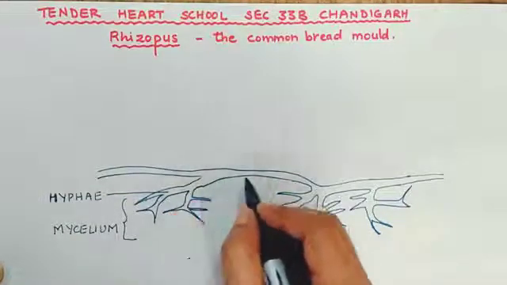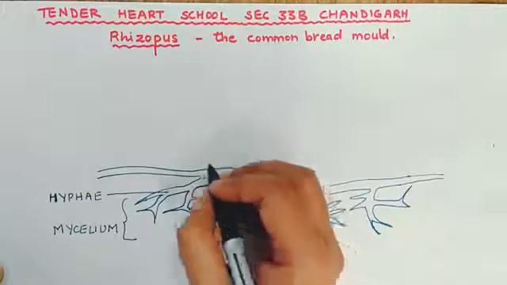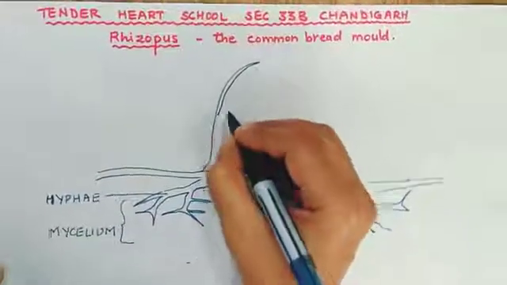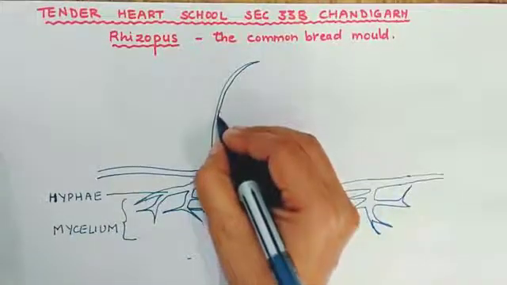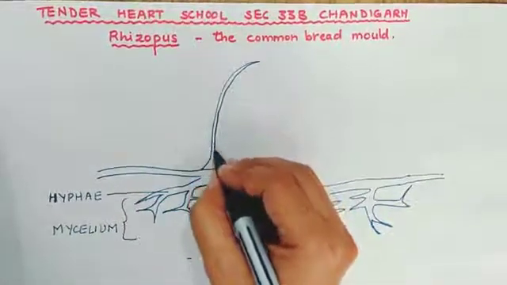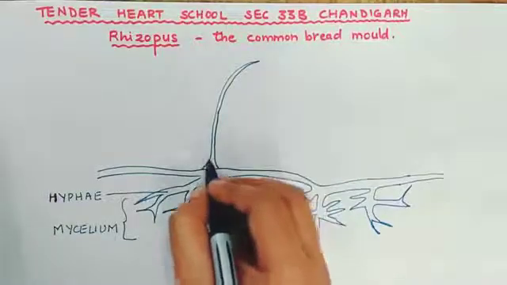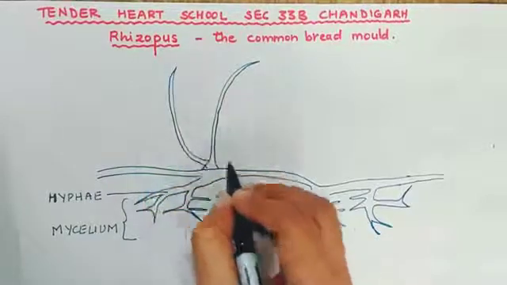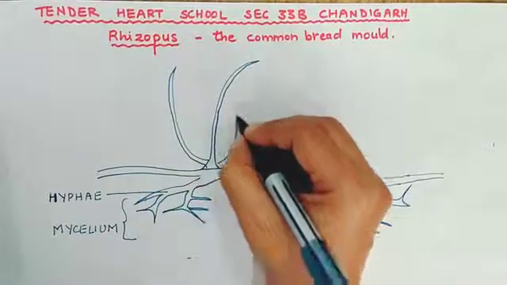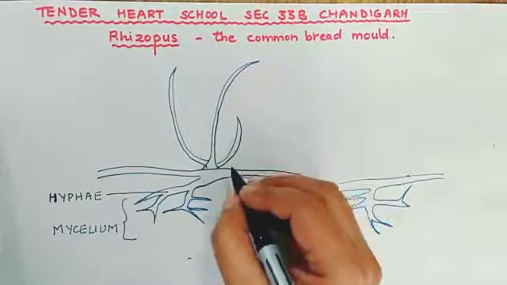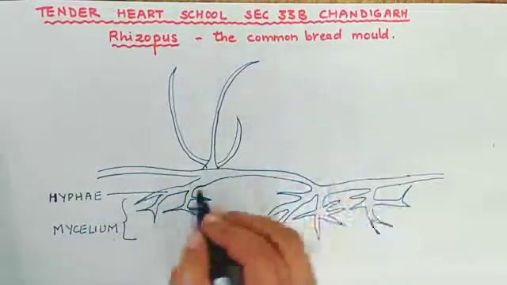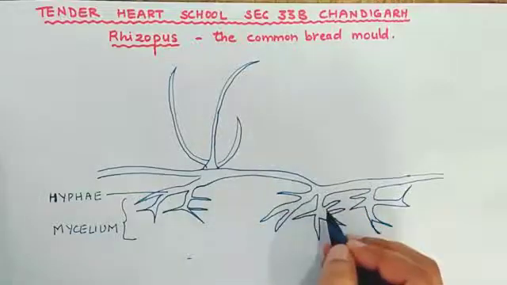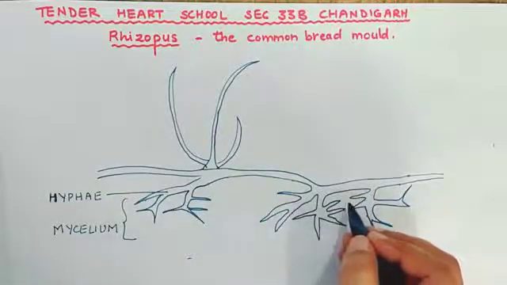Now some of these hyphae grow upwards in the upward direction, okay? So like this, they are moving in the upward direction. Some of these hyphae otherwise are going inside the bread or whatever substance.